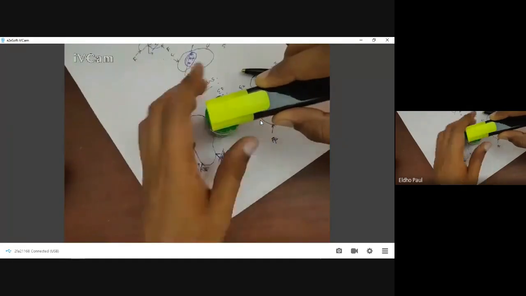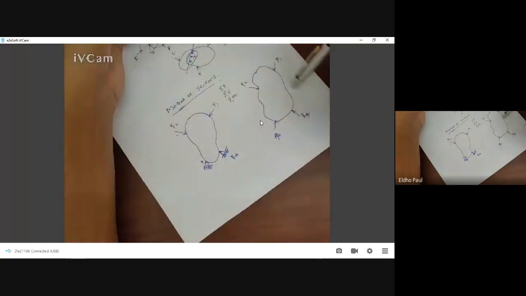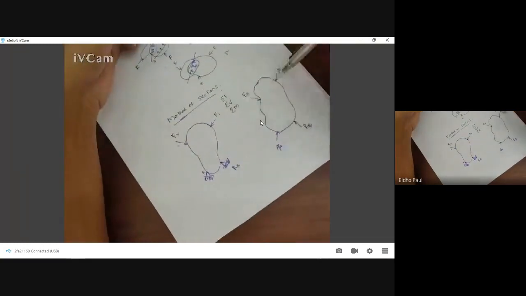So this is also an external force. All these four forces are external forces: two external forces and two reactive forces.